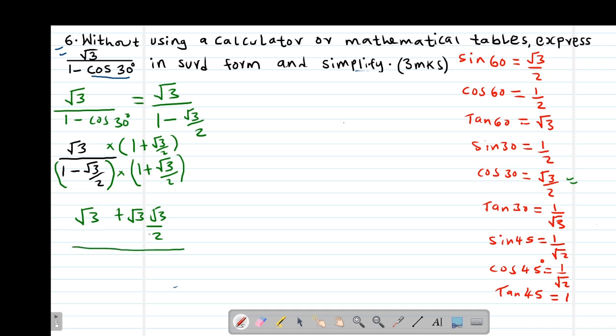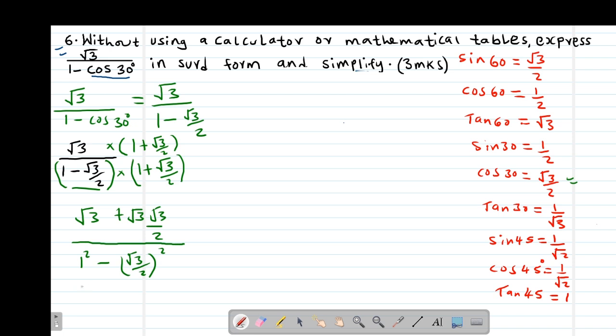Then divided by, on the denominator, we have what we call a difference of two squares. Therefore, I'm going to apply the property that we learned in lesson 1 of this particular topic. So I'll simply pick the squares of the negative one. So this is the same as saying 1 squared minus the root of 3 over 2 squared.